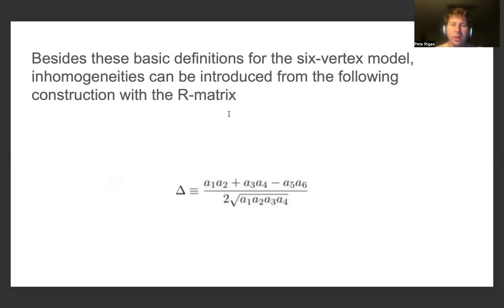can be introduced from the following construction of the R matrix. And this is given by the fact that whenever we talk about the six-vertex model or other types of models of statistical mechanics, it can also always be important to determine what the disorder parameter for the model is, and certain regimes of the disorder parameter that can be taken, which in the case of the six-vertex model have connections with the fact that the six-vertex model has a conjectured phase diagram, which looks like this, where depending upon the regions and the threshold that you take relative to this disorder parameter, there can exist ferroelectric or anti-ferroelectric phases.